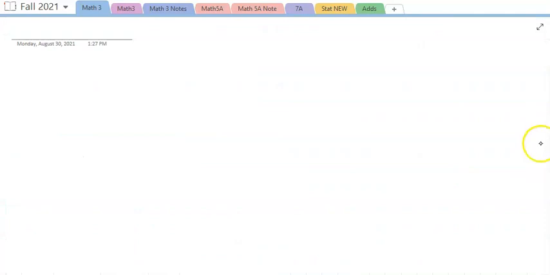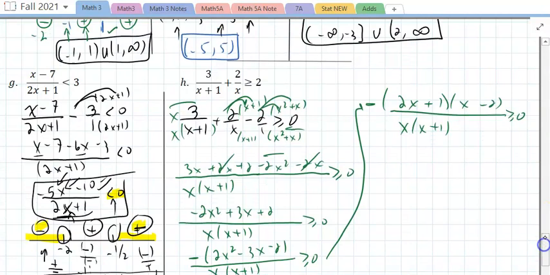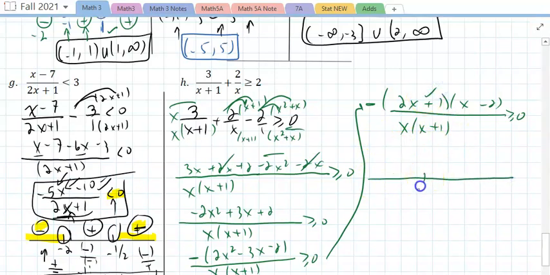Okay. So how does that work? I will have to test a lot of points here. Negative 1/2, 2, 0, and negative 1.